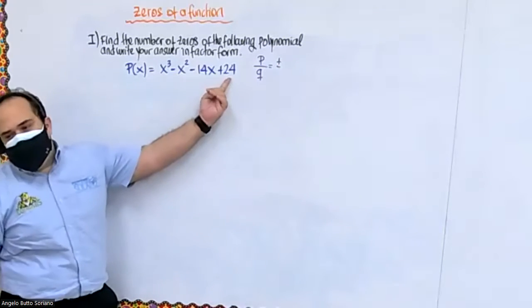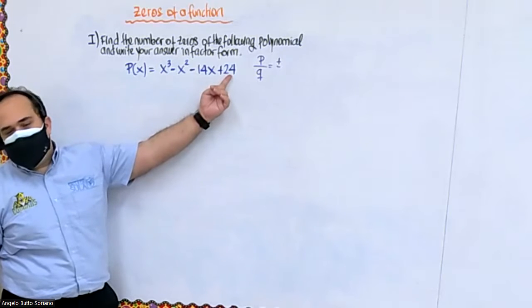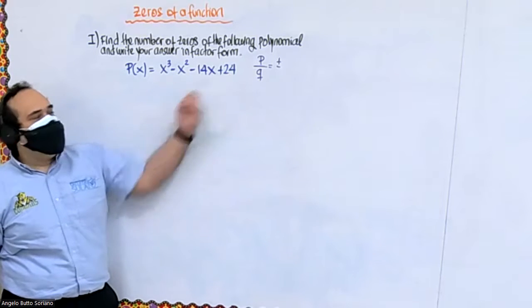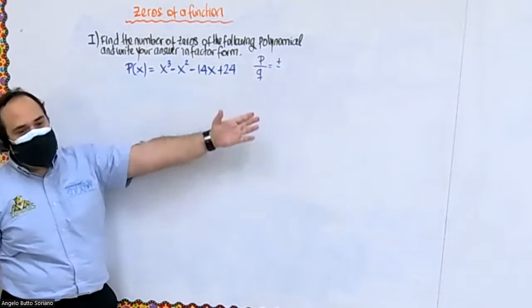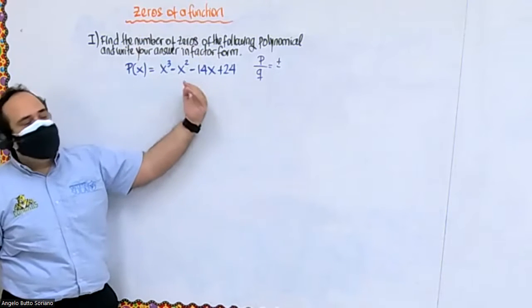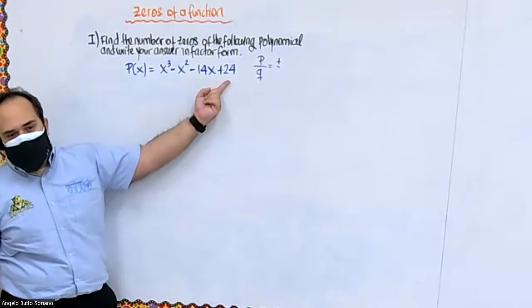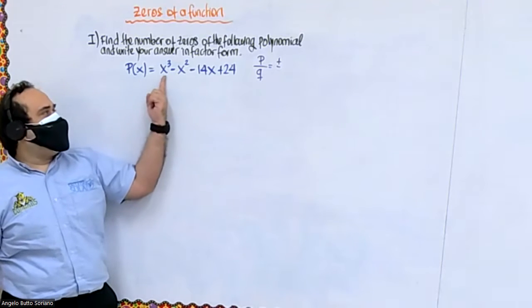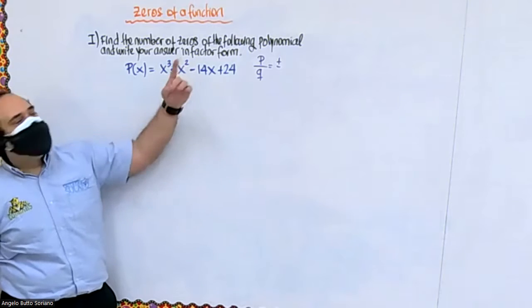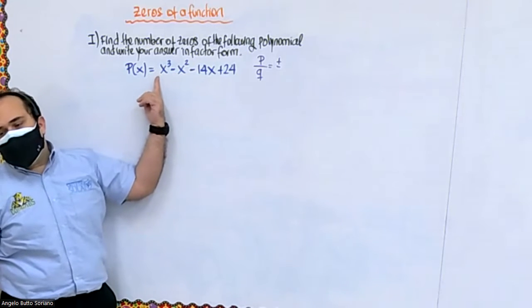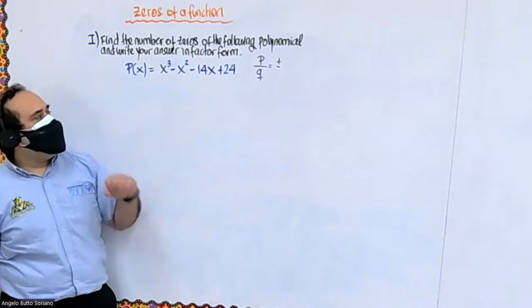In the factors p, we're talking about the multiples of the last number, the independent term, always. Factors p means the multiples of the independent term, the last number that doesn't have the letter x. Over the factors q, that means the multiples of the number next to the first term, always, the one with the maximum power.